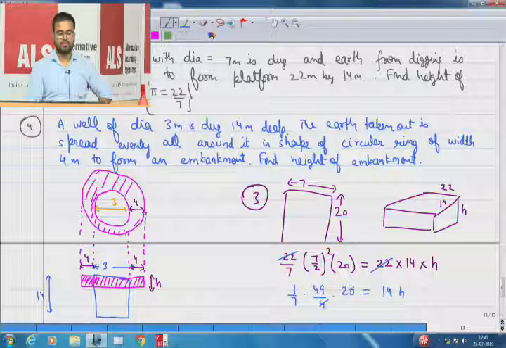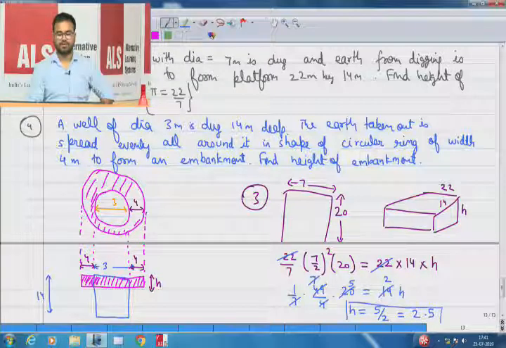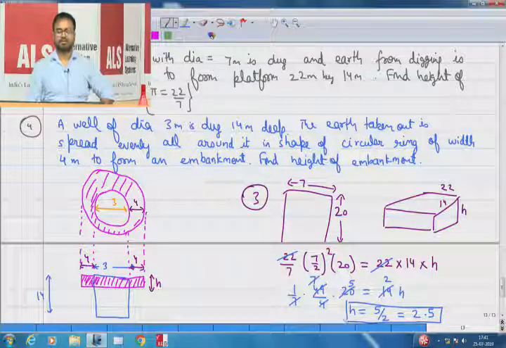So 4 fives are 20, 7 sevens are 49, 7 twos are 14. So h will be equal to 5 by 2, which is 2.5. This is the height of the platform in question number 3.